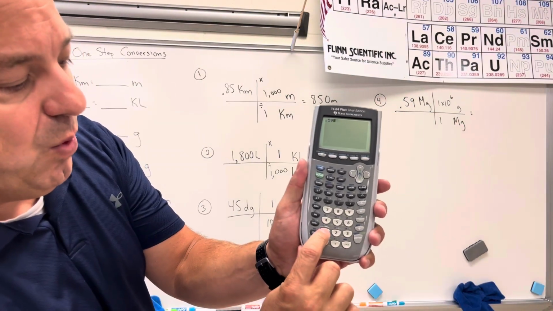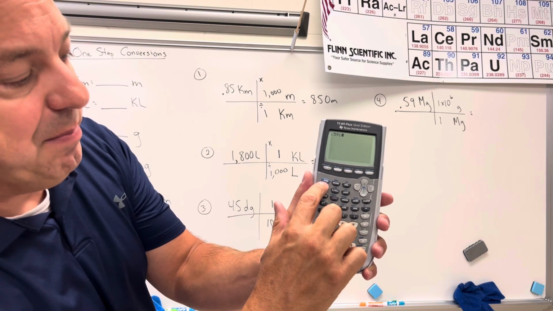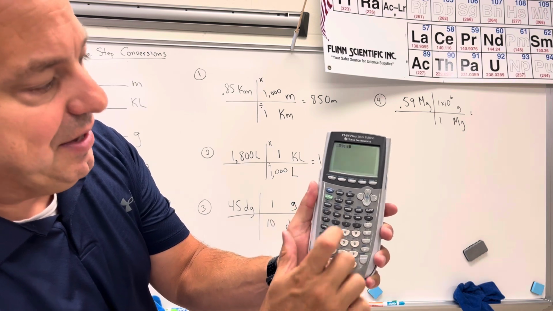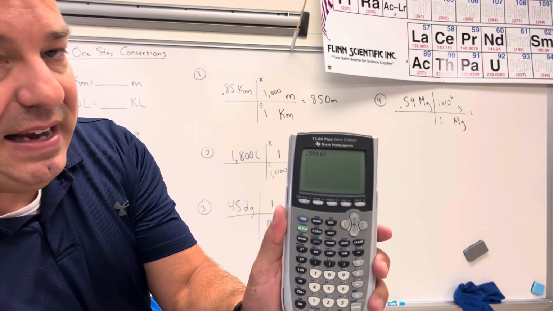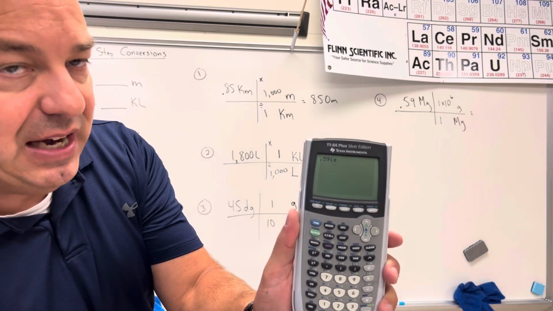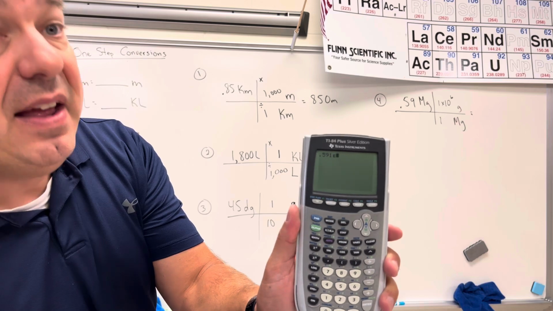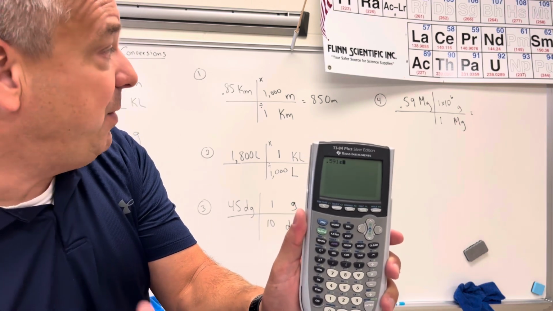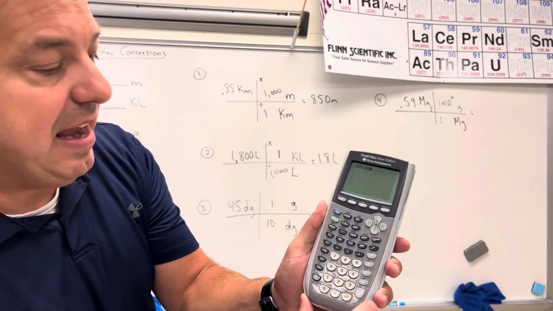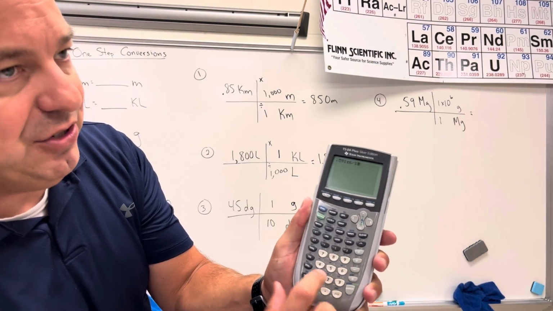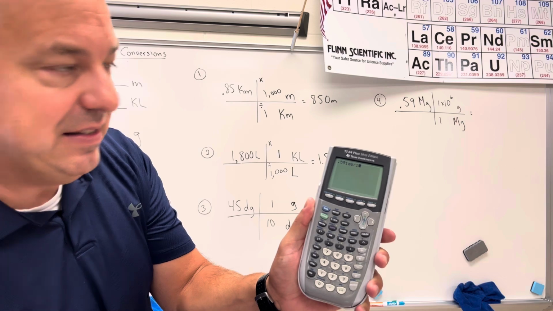Okay. So I'm going to do 1. And I'm going to hit the second button and the comma, and you'll see that an E pops up. And what that E means is that we have exponential notation. It means 1 times 10 to the what? Well, we want 1 times 10 to the 6. So that's what I'm going to do. Okay, and then you can hit divide 1 if you want to, but anything divided by 1 is the same thing.